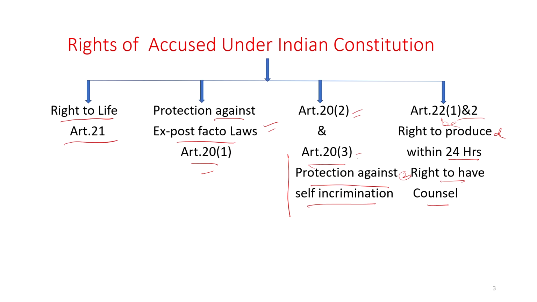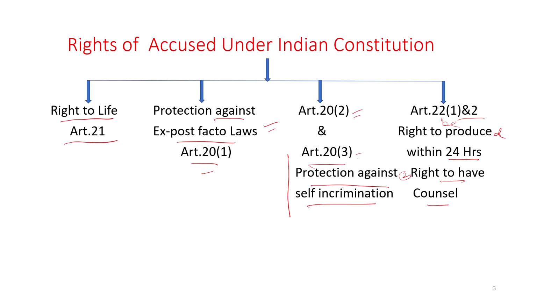So, Article 20 clause 1 gives protection to that act which was not an offence on the date of commission of the act. No person can be prosecuted and convicted for that act which was not an offence on the date of commission of the act.